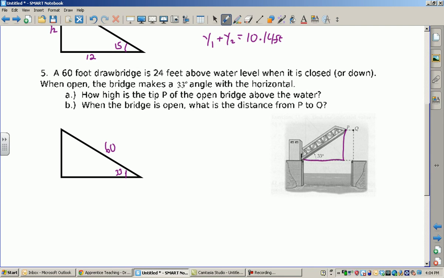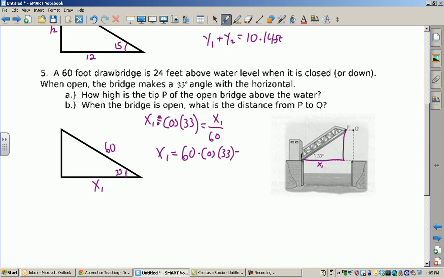I want to know how far out, x1, P is. So I'm solving for x1, which means I'm going to use the buddy of sine, cosine. Cosine of 33 degrees is equal to x1 over 60. When I solve for x1, I get 60 times the cosine of 33 degrees.